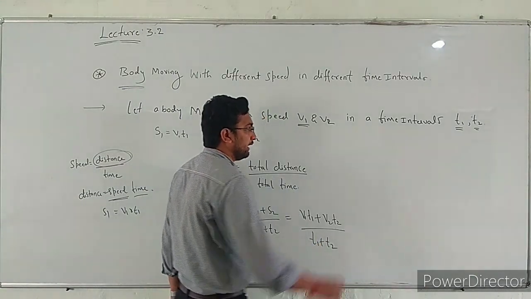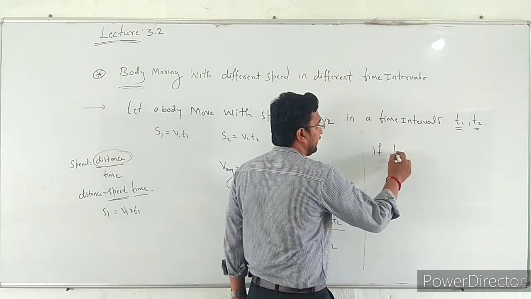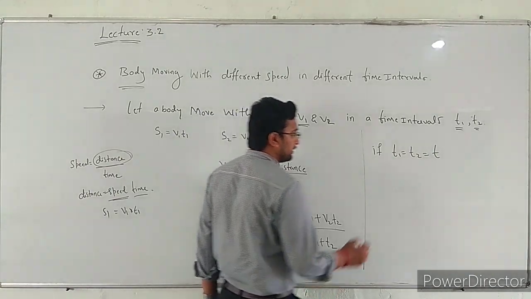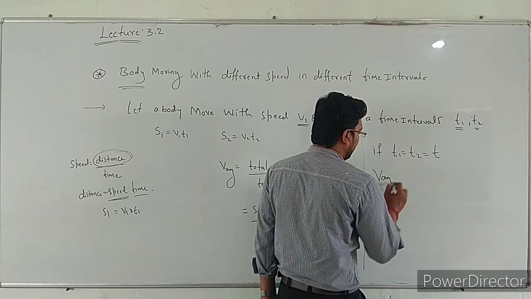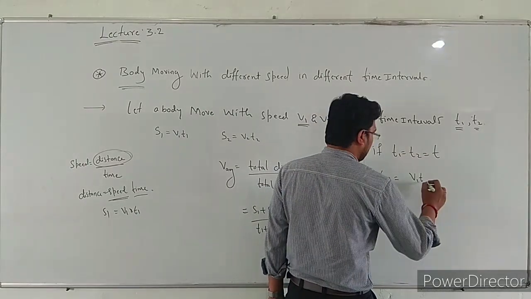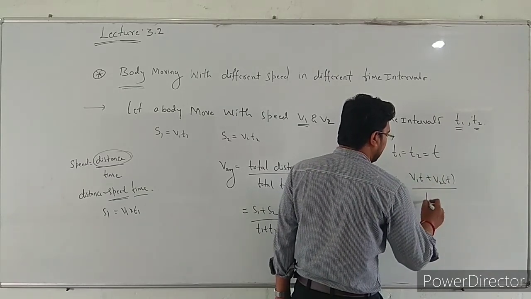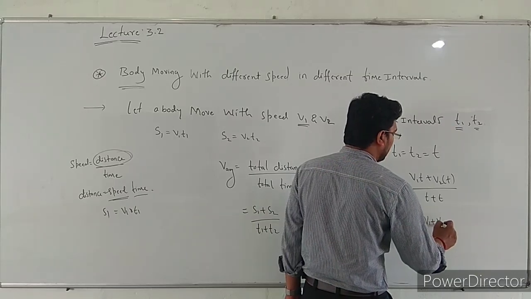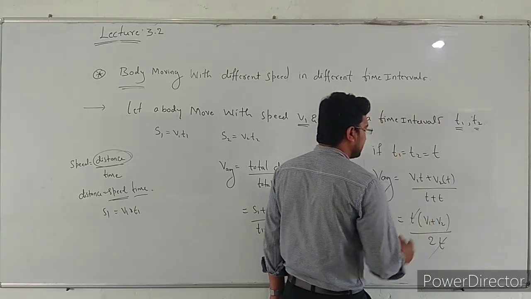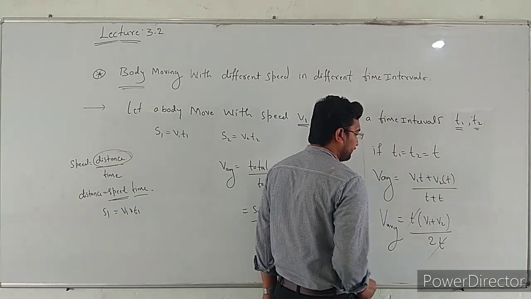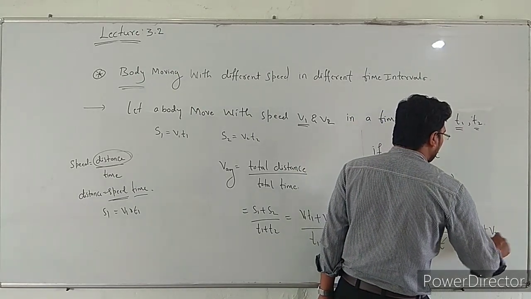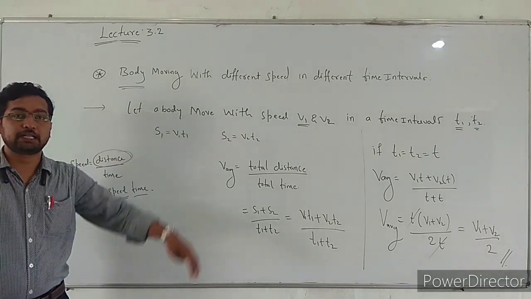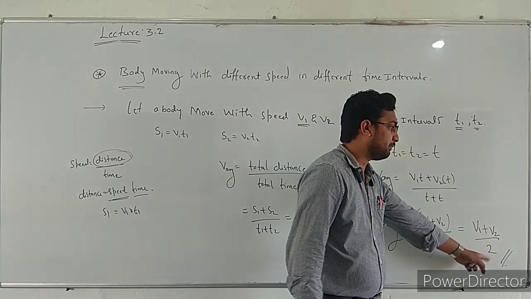If T1 is equal to T2 is equal to T, then the average speed is V1 T plus V2 T divided by T plus T. Taking T common, this is V1 plus V2 divided by 2 T. T gets cancelled, so the average speed is V1 plus V2 divided by 2. This formula is used to find the average speed when a body is moving with different speeds for equal times.